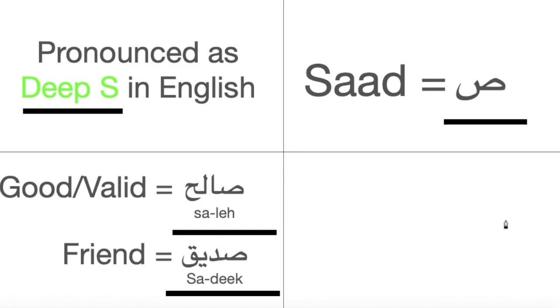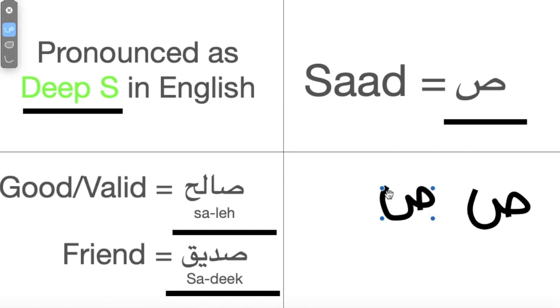How you write Sad? This way. It's almost like Sheen, but the first part is different, and instead of the curves, it's like a circle. So you make a complete circle with one big half circle.